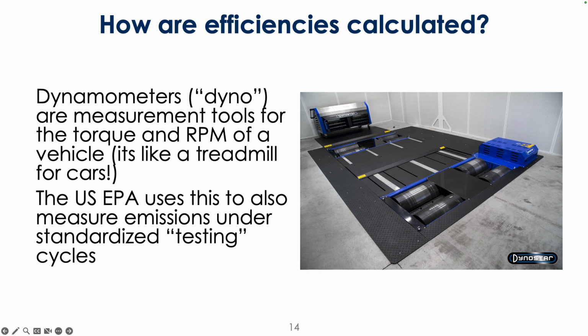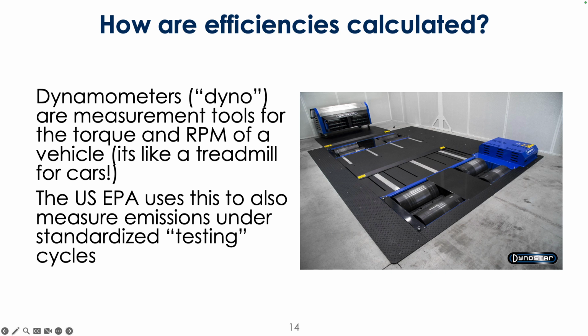So this is a picture of a dynamometer. These are measurement tools that you can use for your vehicle. You can think of this almost like a treadmill for a car.